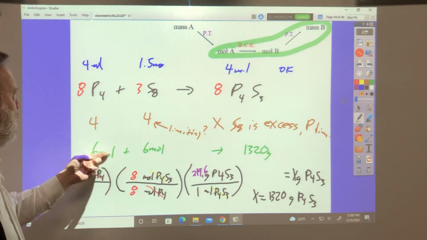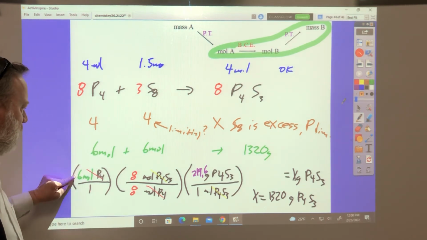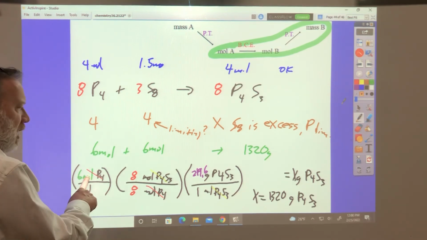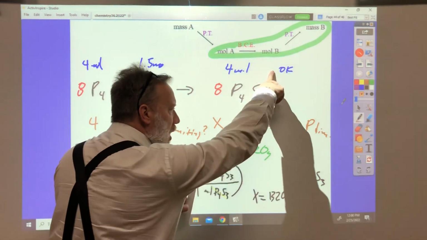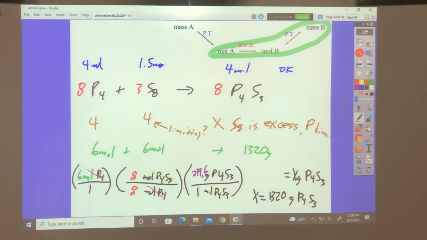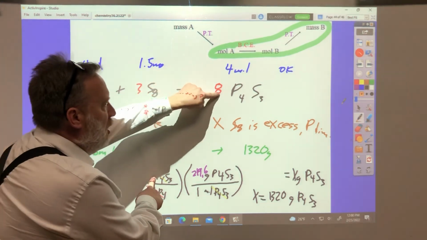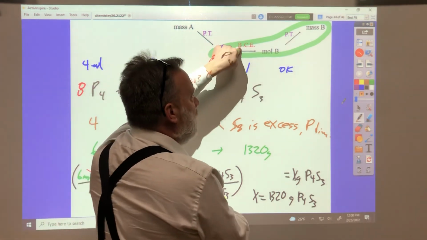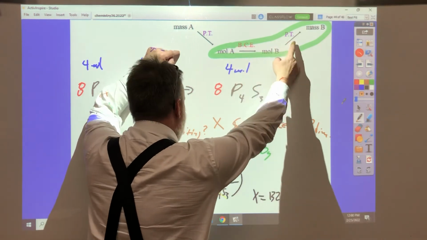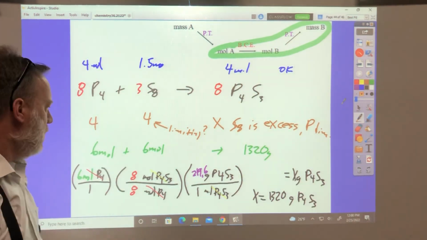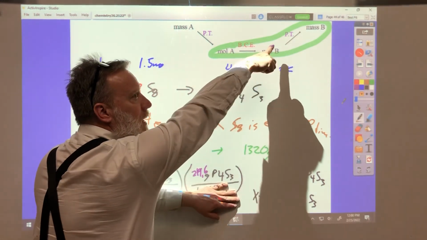I know this is excess because if this was 6 moles, it'd be a lot more of this that I would need. So P4 is limiting. With 6 moles P4, we're going to change moles to moles of product, and then grams of product. So I'm going moles P4 to moles P4S3 to grams P4S3.